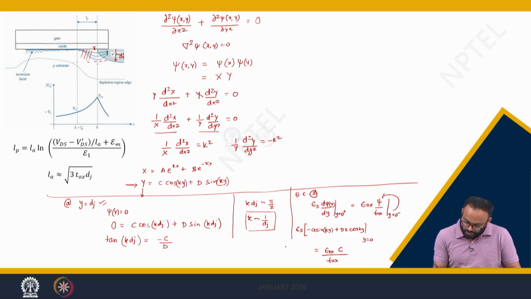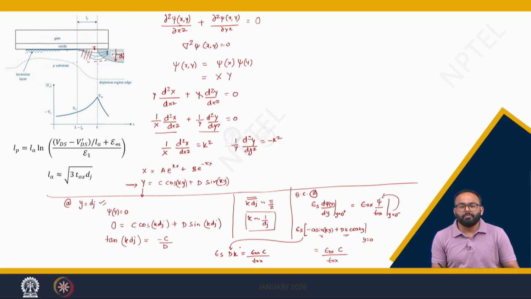From here you get epsilon s into, if you put y equals 0, this function will be 0, you are left with d into k, equals epsilon ox into c divided by t ox. Now if you put the value of c by d, which is nothing but k into dj, then k will get cancelled from both sides and ultimately you will lose the eigenfactor.